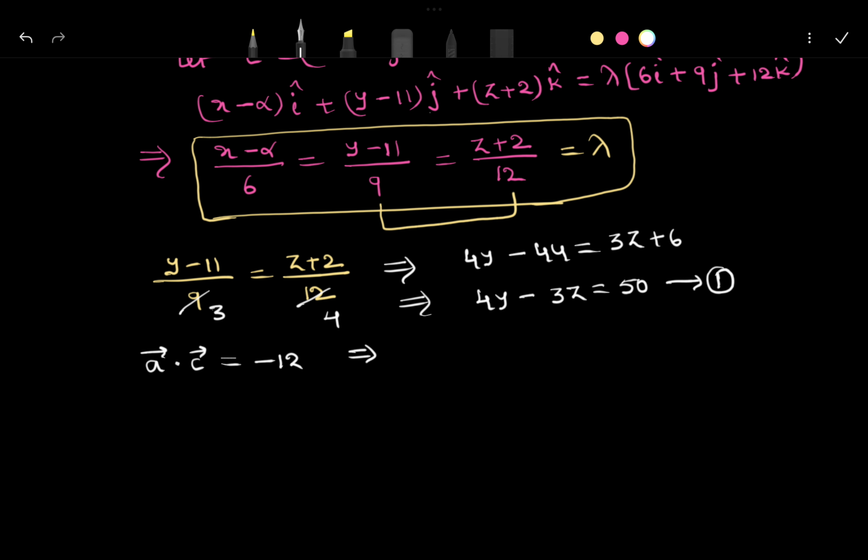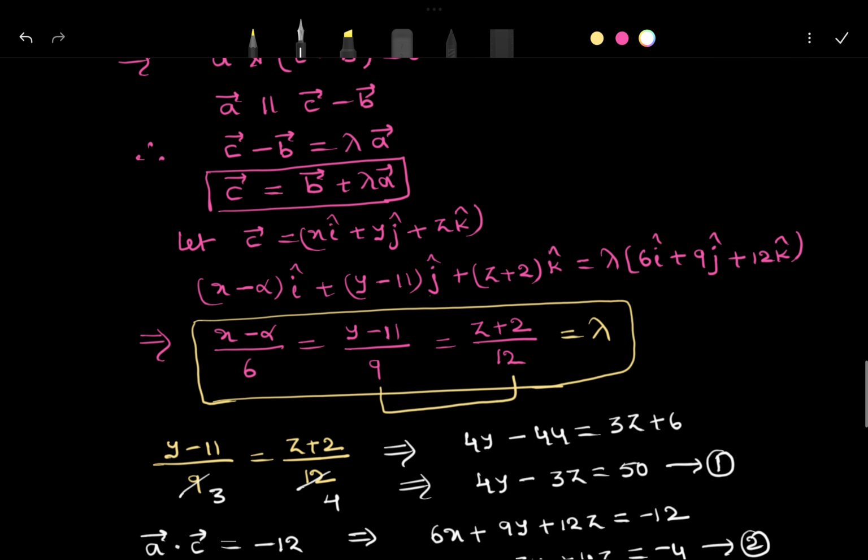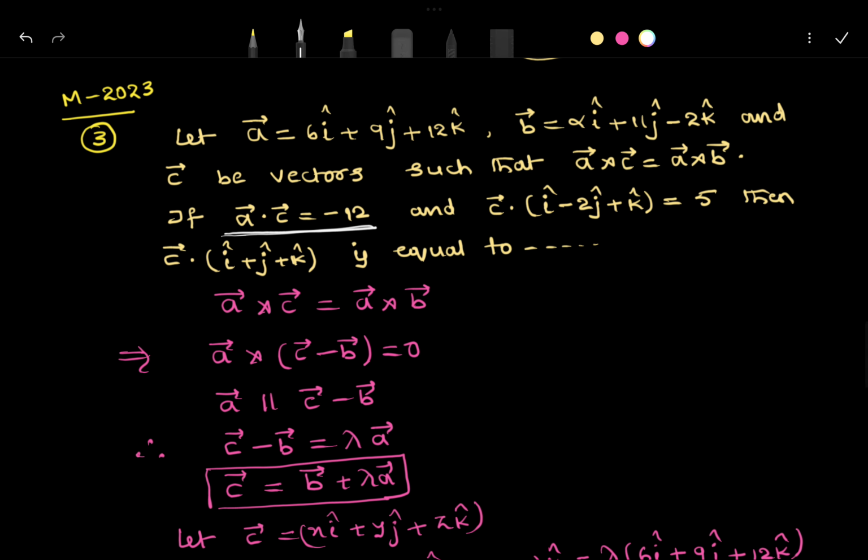So you can write 6x plus 9y plus 12z is equal to minus 12. Dividing by 3, we get 2x plus 3y plus 4z is equal to minus 4. Let this be equation 2.